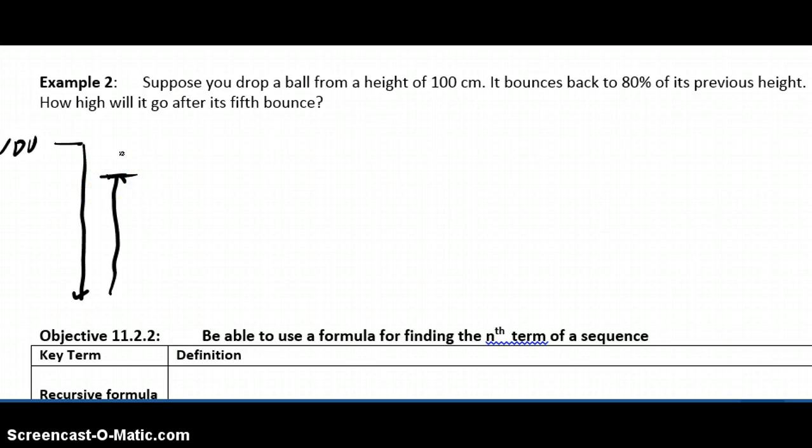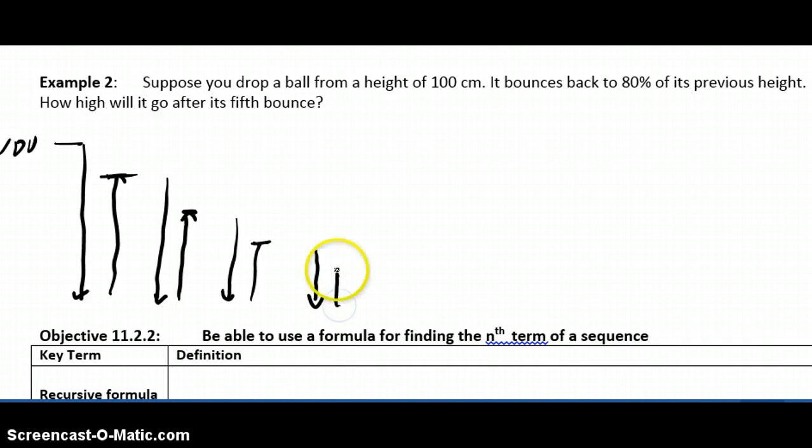Then it's going to go down again, bounces up to 80% of the previous height, and it keeps on going, and we're wondering how high it's going to be after the 5th bounce. There's our first bounce, second bounce, third bounce, fourth bounce. We go one more time, down and then up 80%, and we are wondering how high the ball goes at that point.